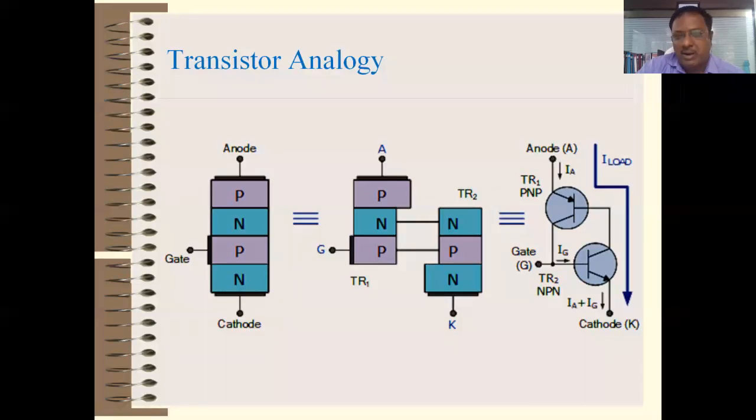If you remove the gate, your device immediately turns off, as in MOSFET and IGBT. But continuously providing current to the gate is not good, because it is a power consuming process. So the third device, the SCR, was developed, in which once the device turns on, if you remove the gate voltage, it remains on. There is no need to apply continuous gate voltage to the SCR.